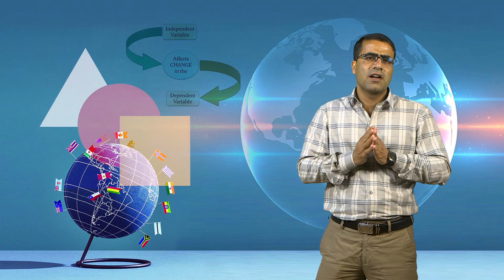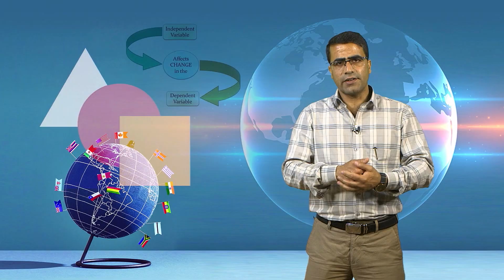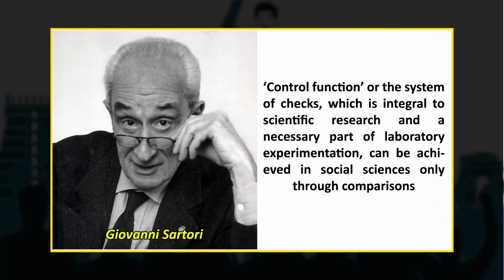The question one might ask now is, what makes comparative method scientific? Italian political scientist Sartori argued that control function, or the system of checks, which is integral to the scientific research and a necessary part of laboratory experimentation, can be achieved in social sciences only through comparisons.